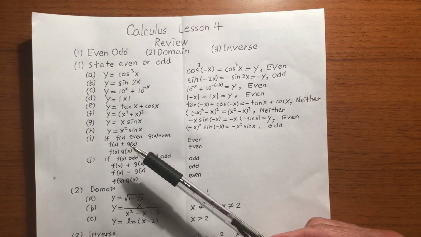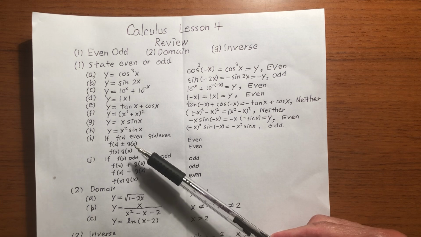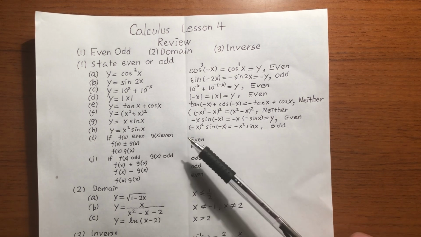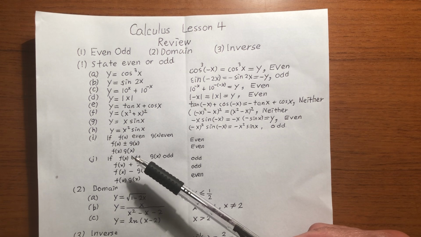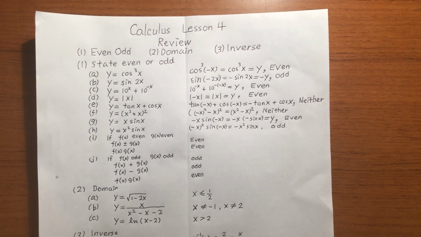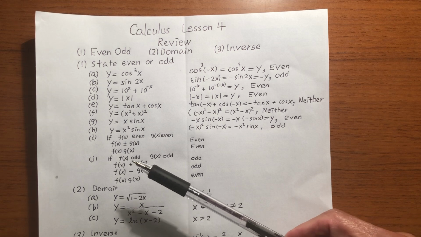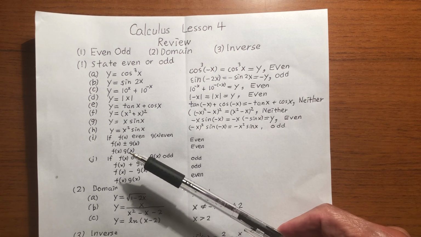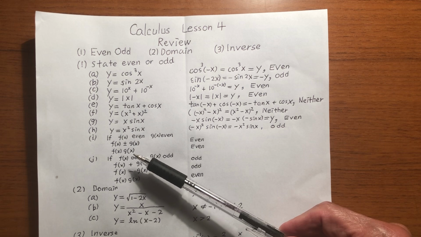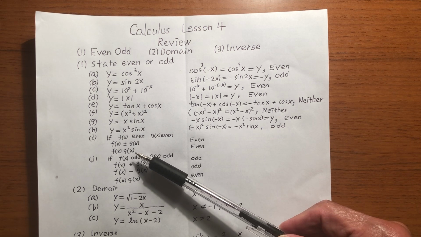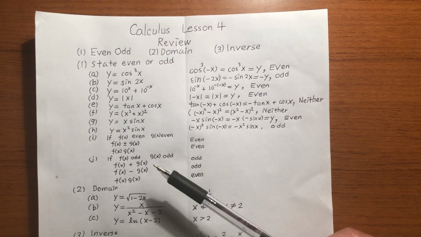And if the function becomes f of x minus g of x, it is still even. But if you want f of x multiplied by g of x, you replace x by negative x, it doesn't change at all, so it's an even function.